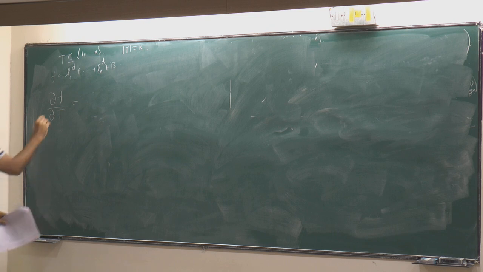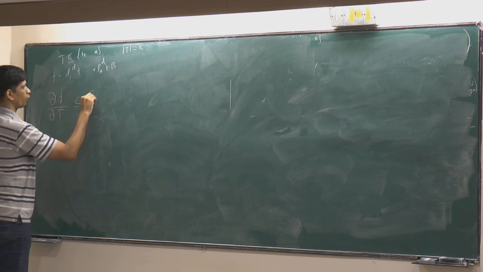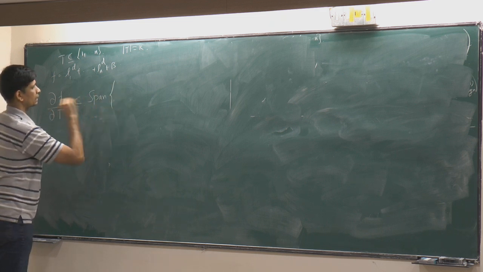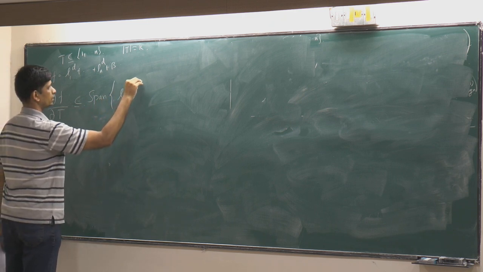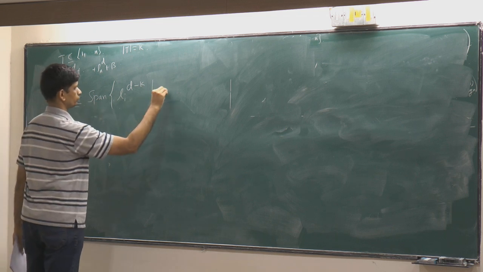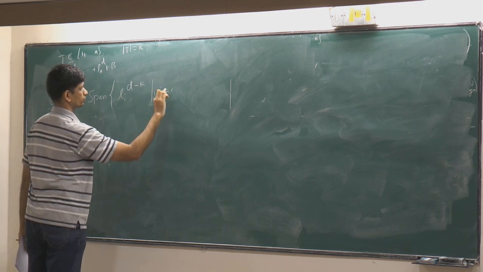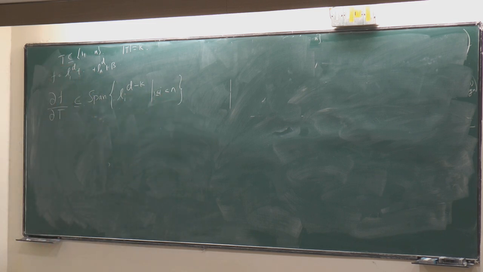Or in other words, any kth order derivative sits in the span of the powers of linear forms Li to the d minus k. Right? So I'll keep this as point 1.